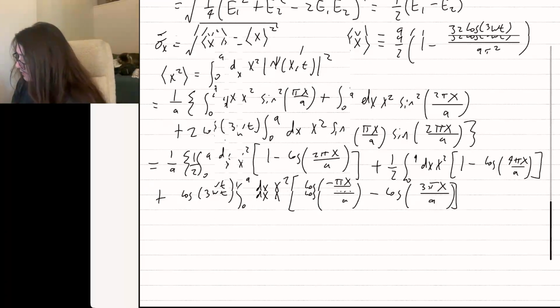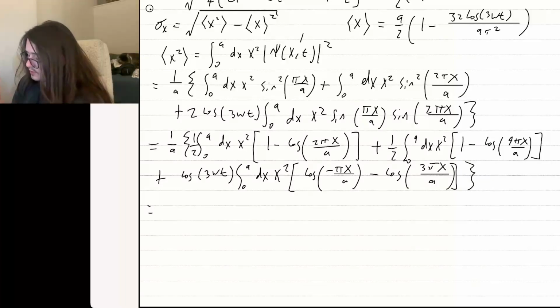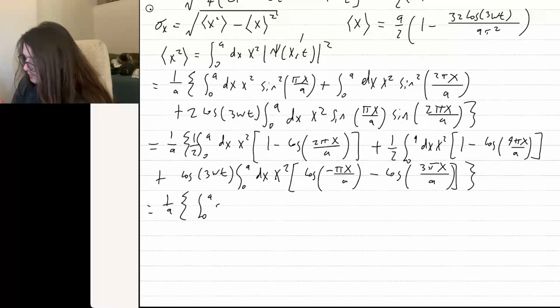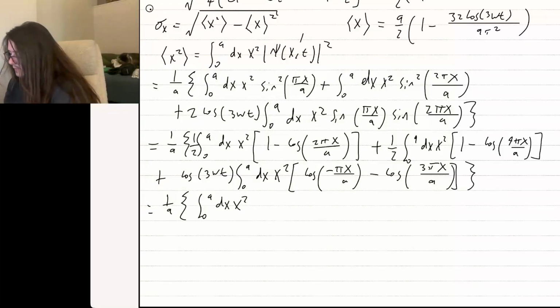So just adding up the integrals now. We've got two factors of the integral that is just x squared, so 1 over a, 0 to a dx x squared. Two factors of that times 1/2 makes 1.